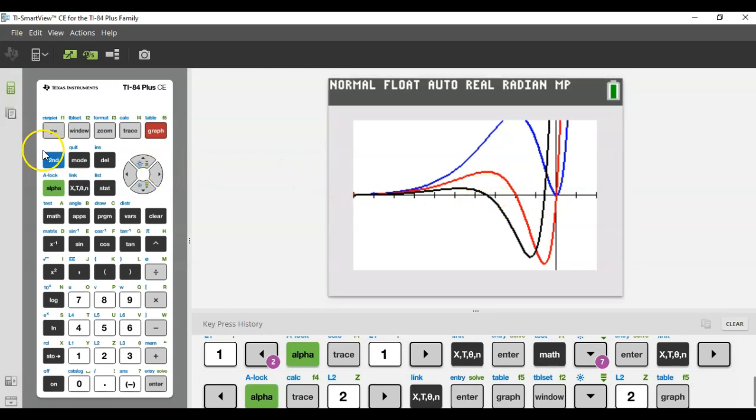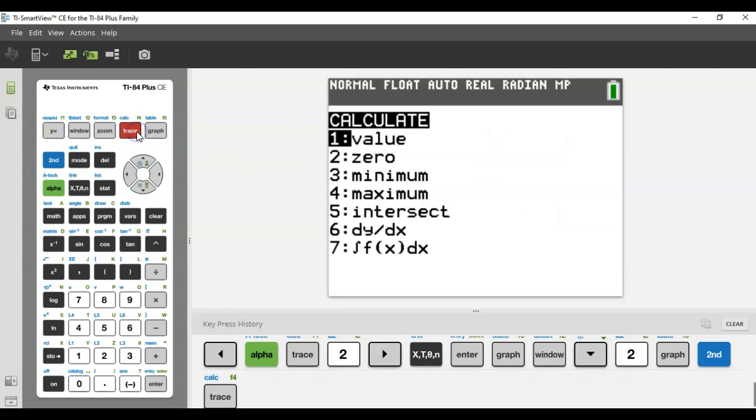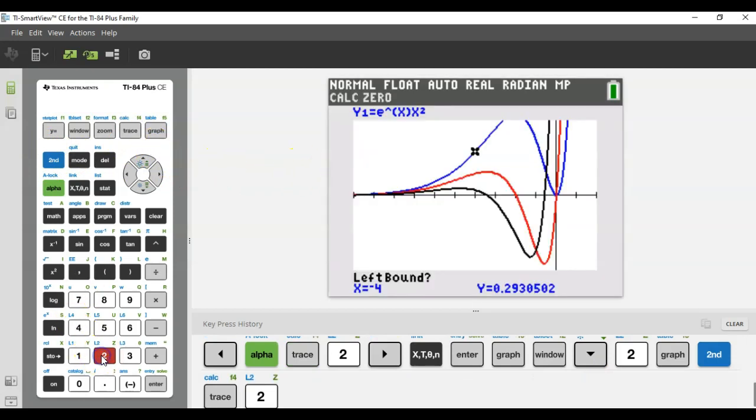So to do that, we'll go to second trace or second calc, and then 0 to find the zeros. Now it starts out on our very first function y1, so I'll hit the down arrow and it drops us onto y2, and then one more time drops us onto y3.